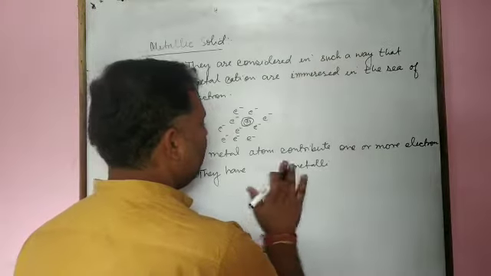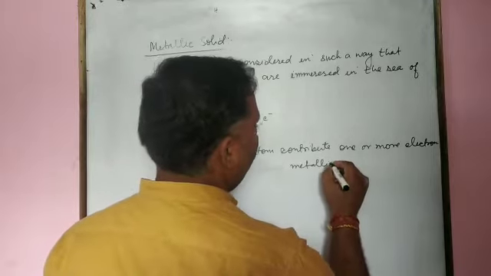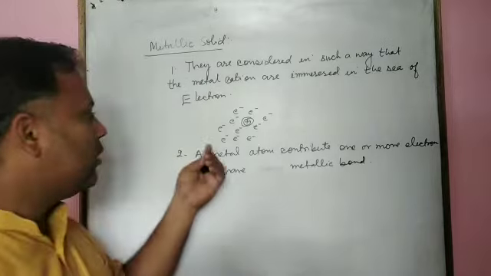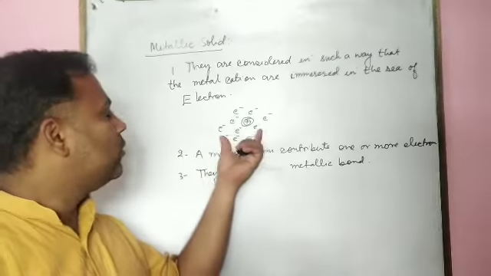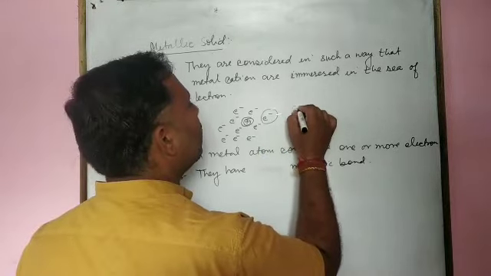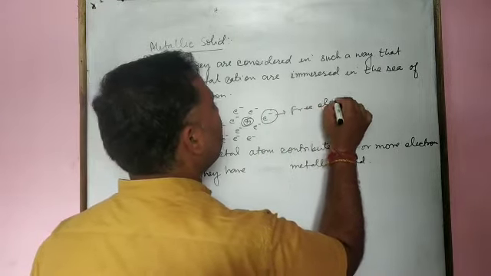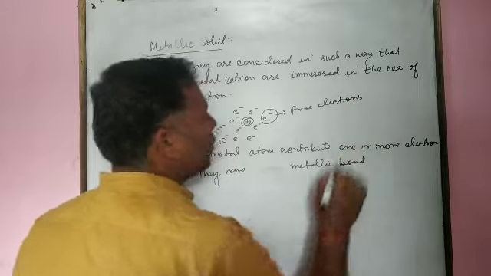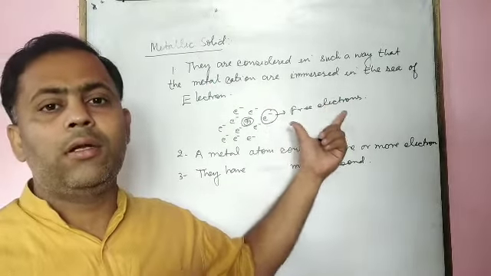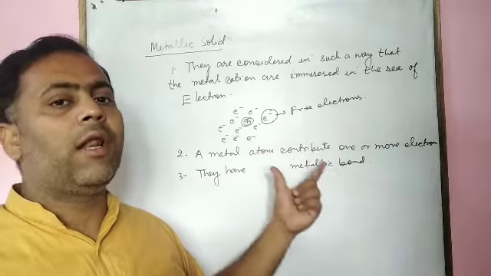They have what we can say, they have metallic bond. In this case, we see we have electrons, and these electrons are free electrons. And we know if free electrons are there, then they will conduct electricity when potential gradient is applied.